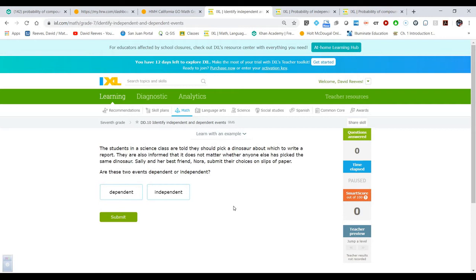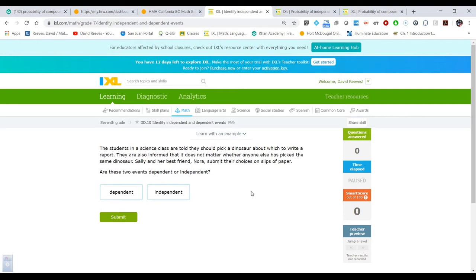All right, so we're going to start in IXL on the skill identifying independent and dependent events. We'll work through some of these examples, and then we'll actually do some probability problems. Here it goes. It says the students in a science class are told they should pick a dinosaur about which to write a report. They are also informed that it does not matter whether anyone else has picked the same dinosaur.